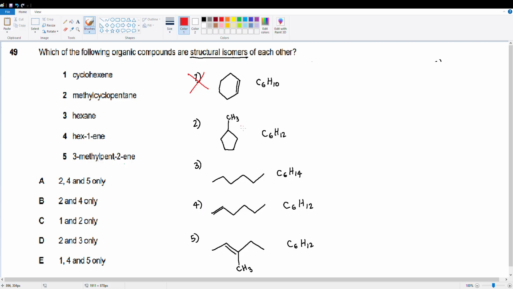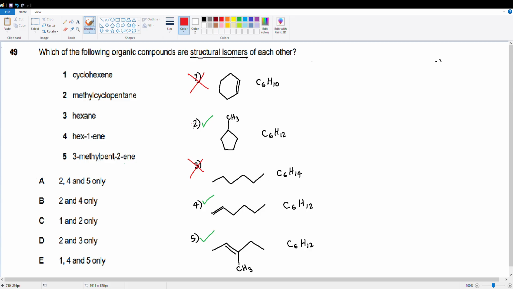The second one is methylcyclopentane, C6H12. We have the fourth compound and the fifth compound also having C6H12. So it's the second, fourth and fifth. And the third one has C6H14, so we'll also cancel this out. It's not a structural isomer because it has a different chemical formula.